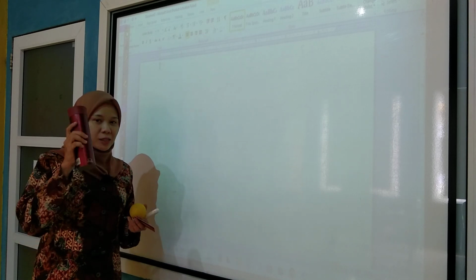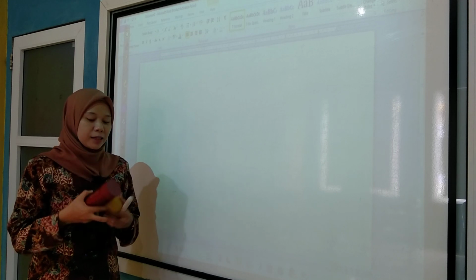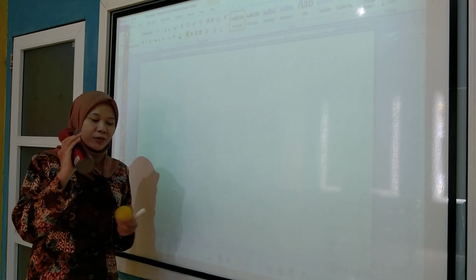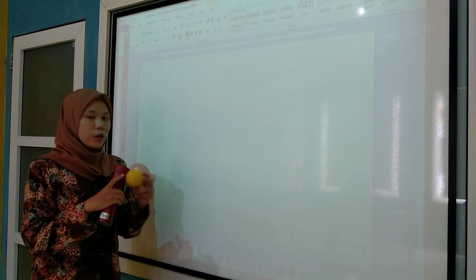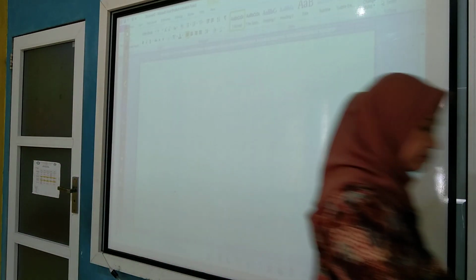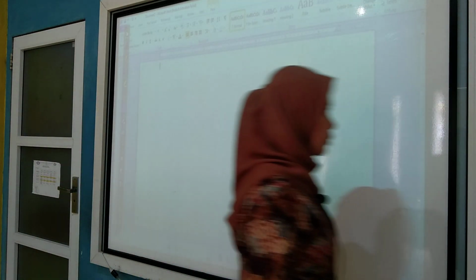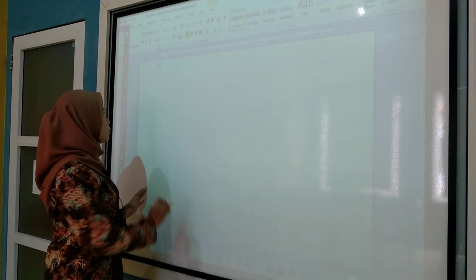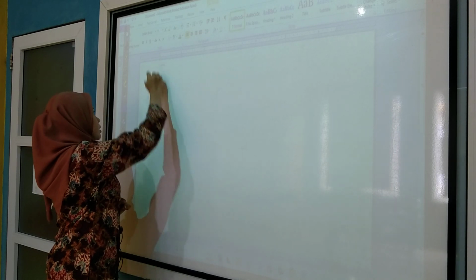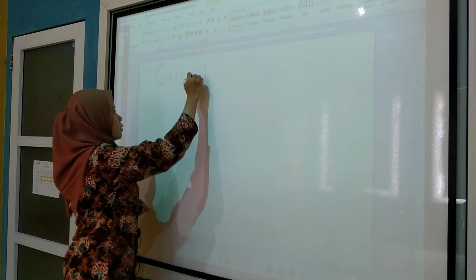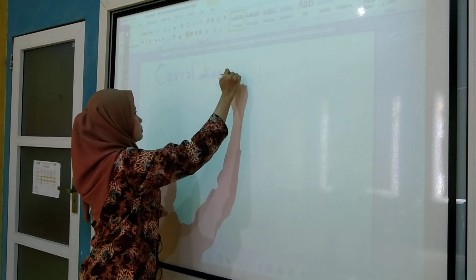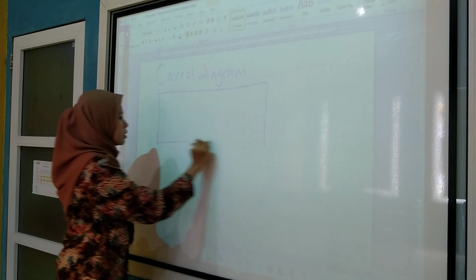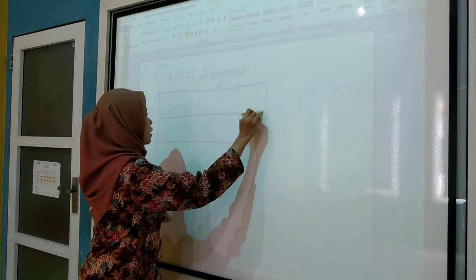Please remember, the color of this bottle is red, the color of this card is red, the color of this coin is silver, and the color of this ball is yellow. Okay, let's sort the objects by using the Carroll diagram first. We make the table first, like this, and then divide it into two parts.